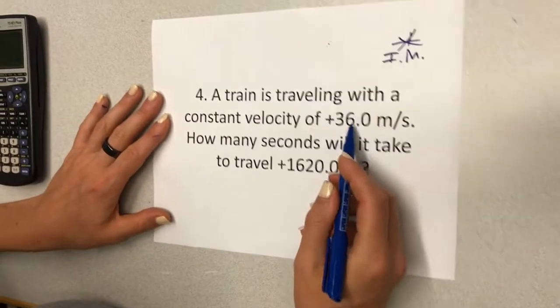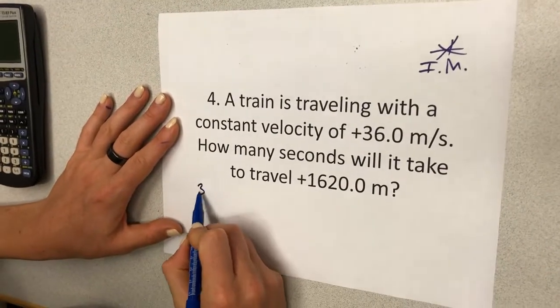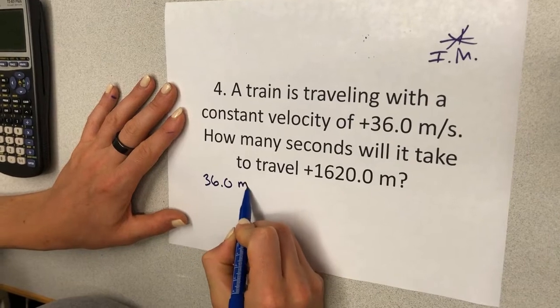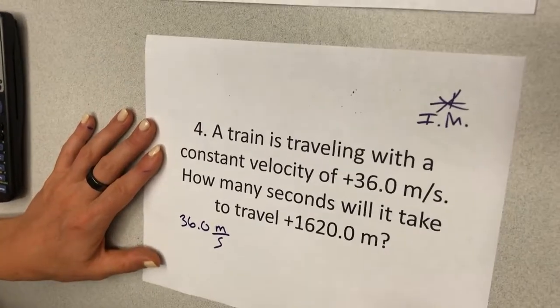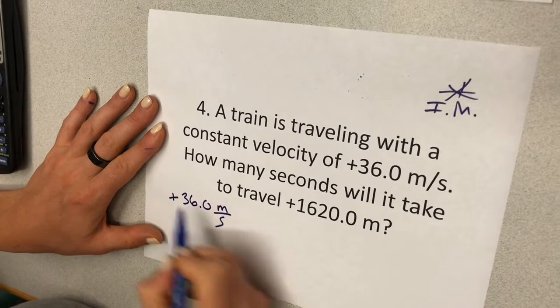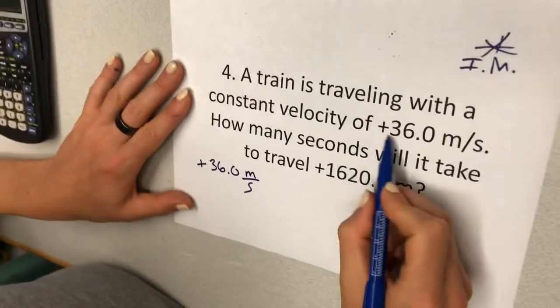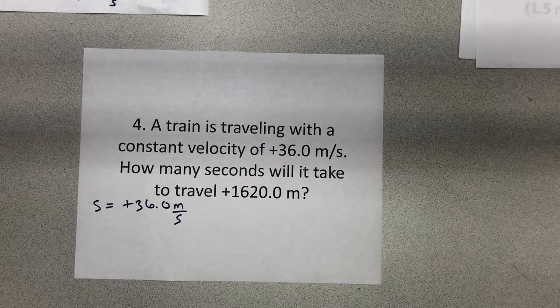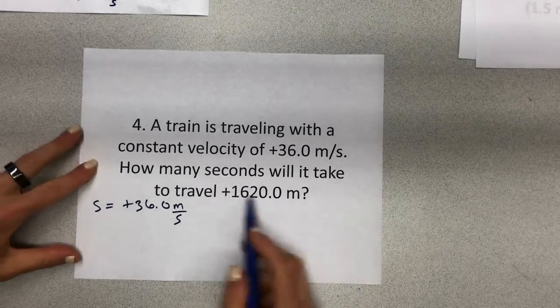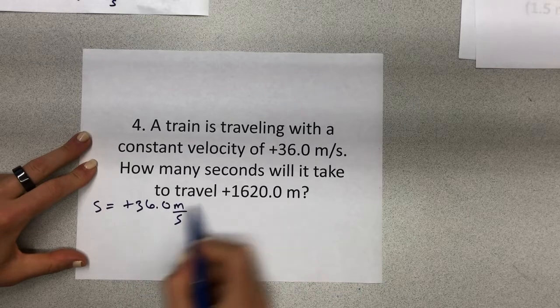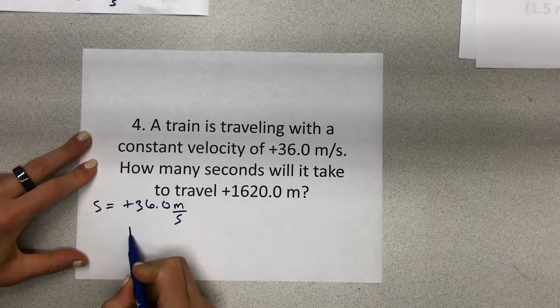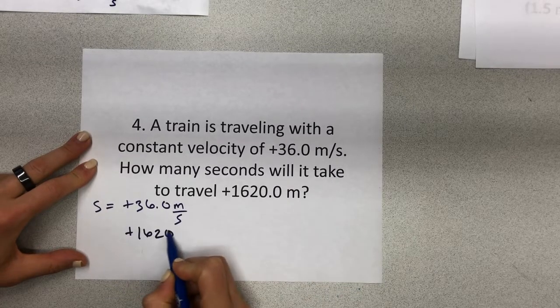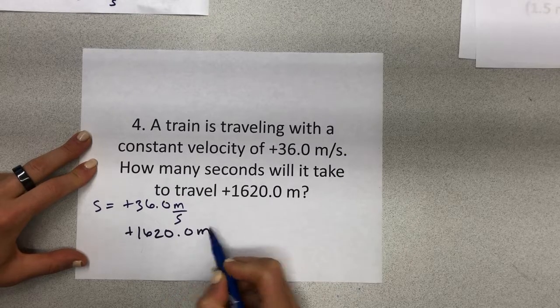Let's write stuff down. So I see 36.0 meters per second. Should I write that plus sign in there? Can't hurt. Yeah, we'll put it in there. We'll talk about that later. And then the next thing I'm going to write down is this positive 1620.0 meters.